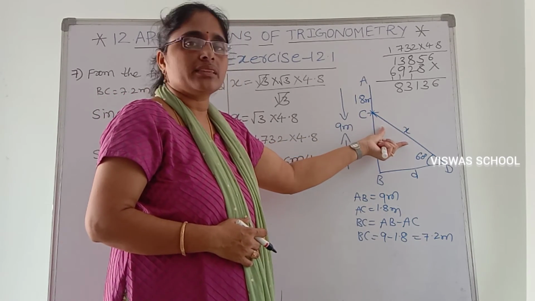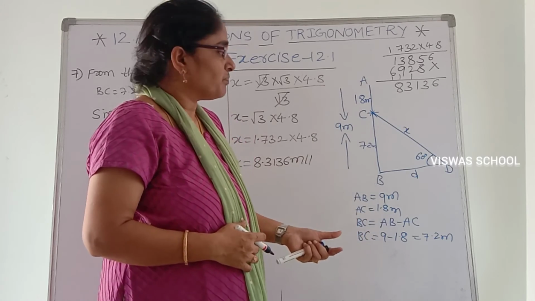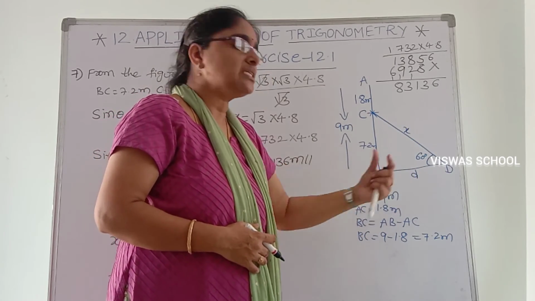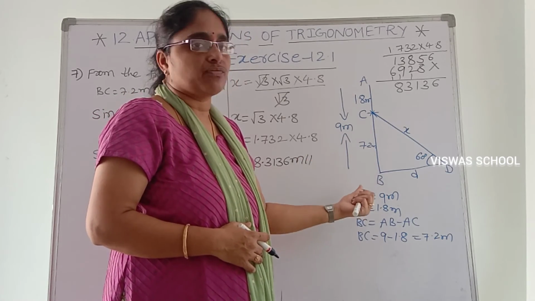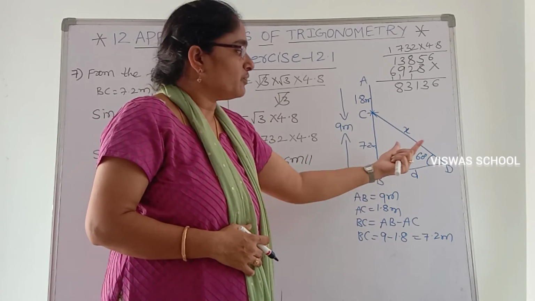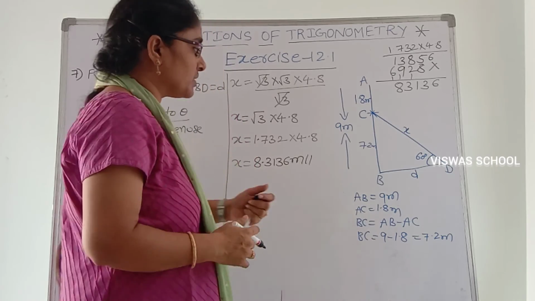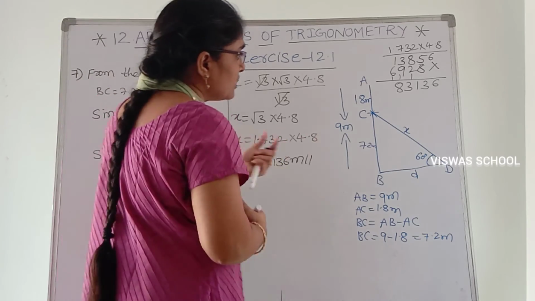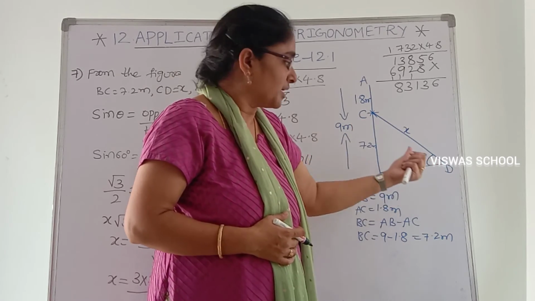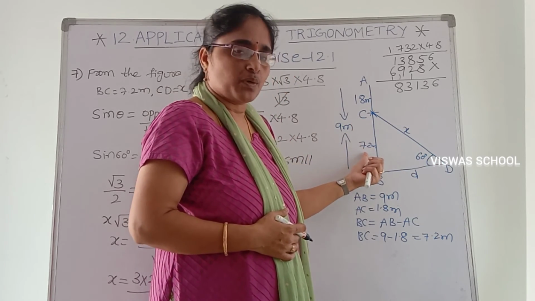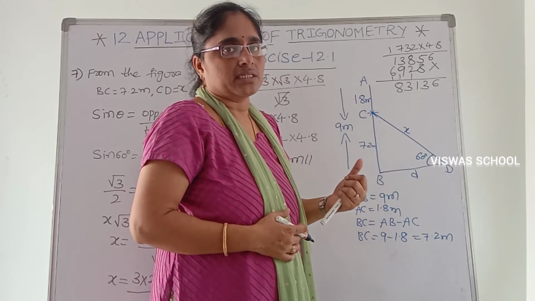Now we have completed x. This is the length of the ladder only. Next we have to find the d value also. D is the distance from the foot of the pole to the foot of the ladder. Here, if you observe, CD, BC and BD: this is the opposite side and this is the adjacent side.